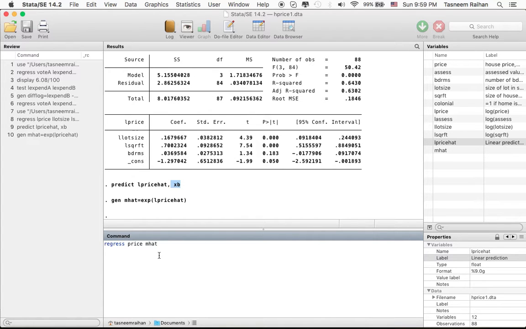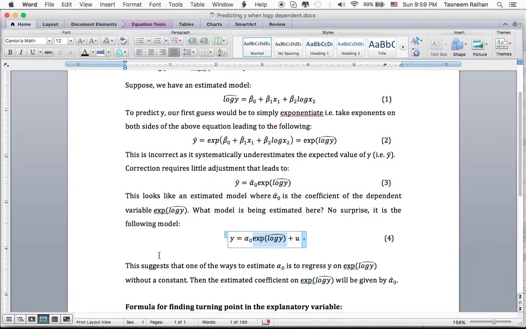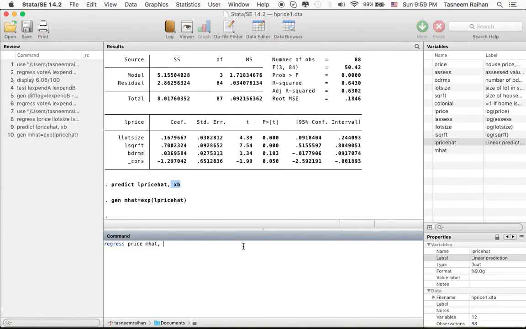Now there's one thing I want to bring your attention to: in this regression, notice that we have no constant. There is no constant term like beta naught or anything. Therefore, when you're running this regression, you have to specify the option no constant, because we don't want any constant in this regression, and hit enter.